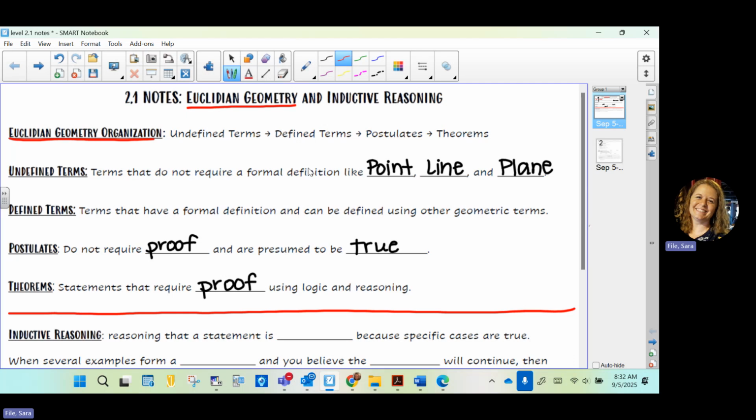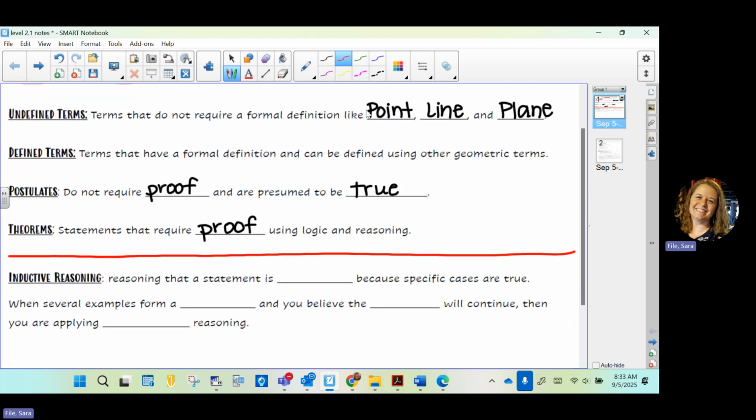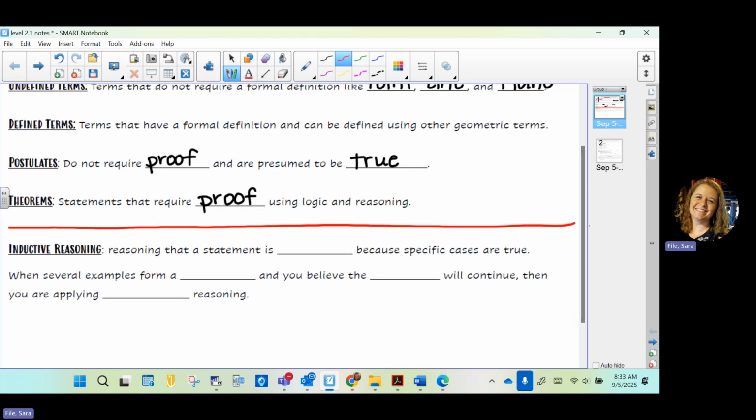All right, so now theorems use logic, and unit 2 is all about logic and reasoning. The first type of reasoning we're going to talk about is inductive reasoning. Inductive reasoning is reasoning that a statement is true because specific cases are true.